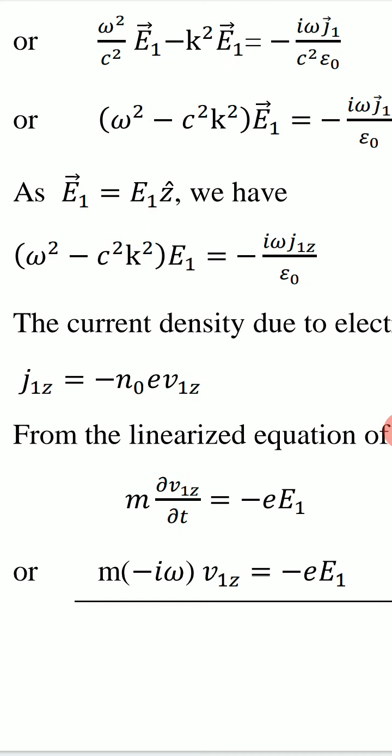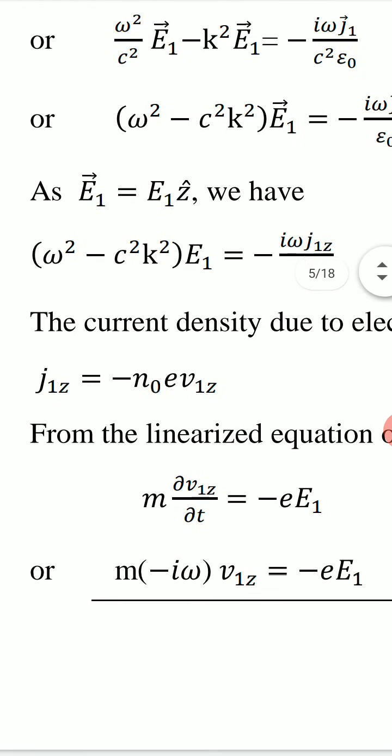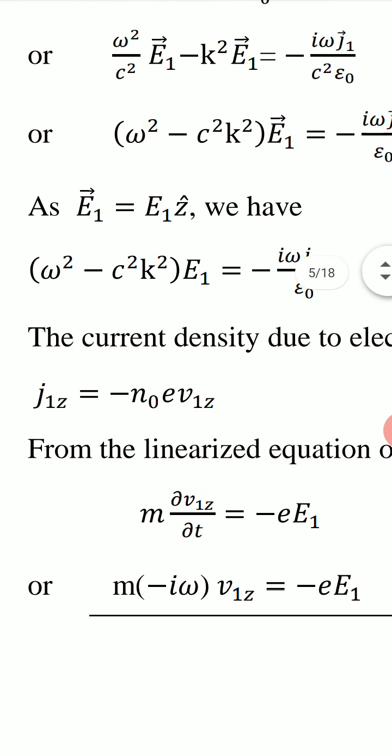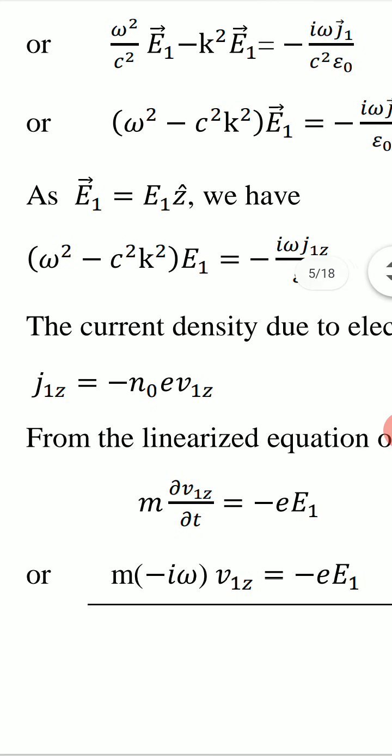So this J1z, z component of current density due to electrons, we write minus n0 e V1z. n0 is number of electrons per unit volume. V1z is z component of velocity of electron.